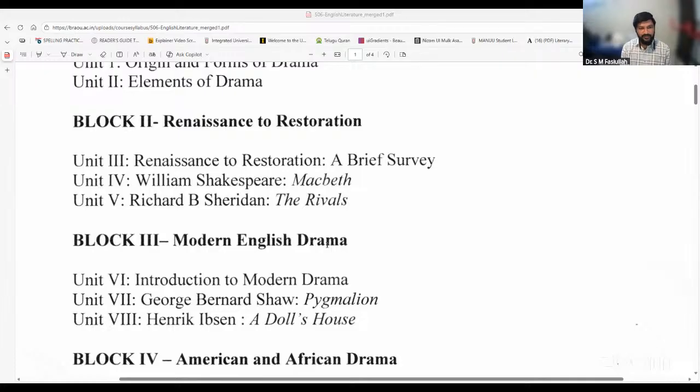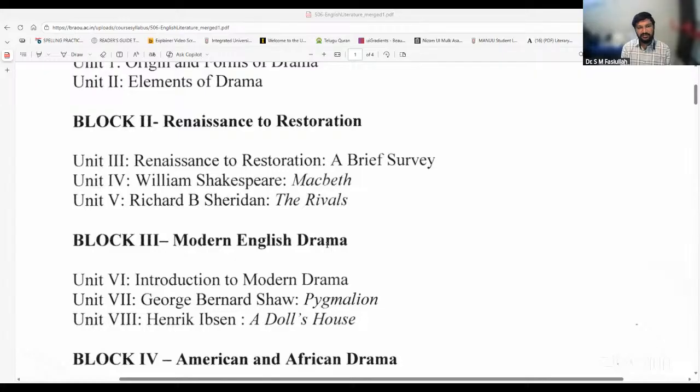So in this block, we have 3 units. As you can see, unit number 3, 4, and 5. Unit 3 will introduce or give a brief overview of these two periods, or periods between Renaissance to Restoration.